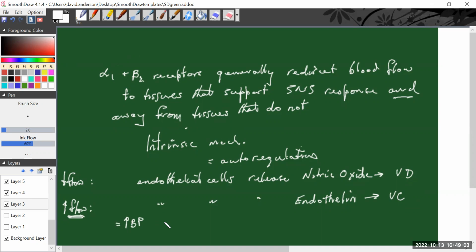And what a blood vessel will do in response to an increase in blood pressure stretches the blood vessel wall, which reflects the... Typically with smooth muscle, if you stretch it, there's a reflex mechanism that's initiated that causes it to contract.